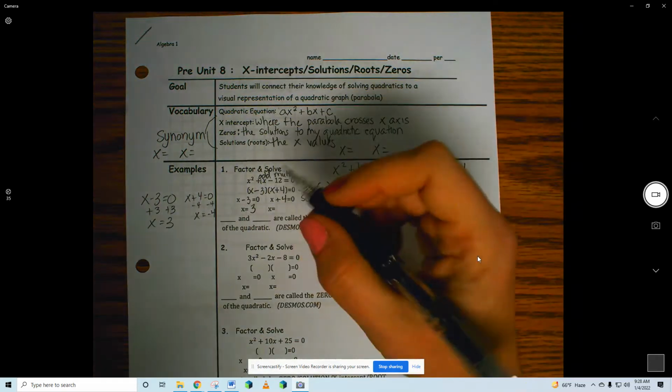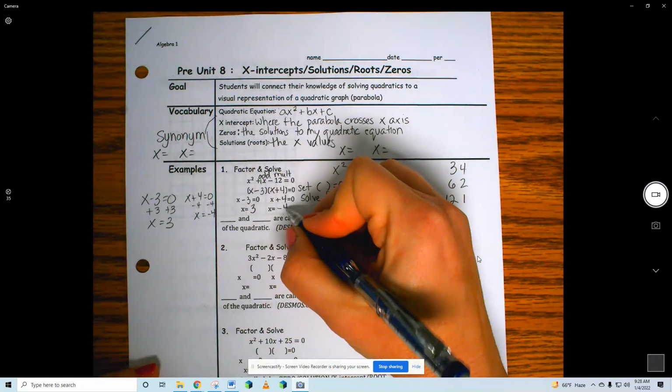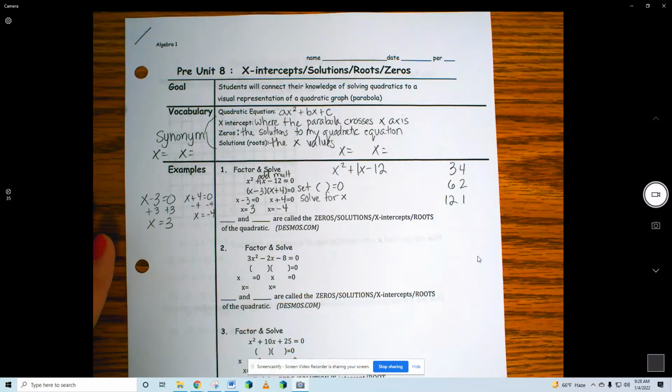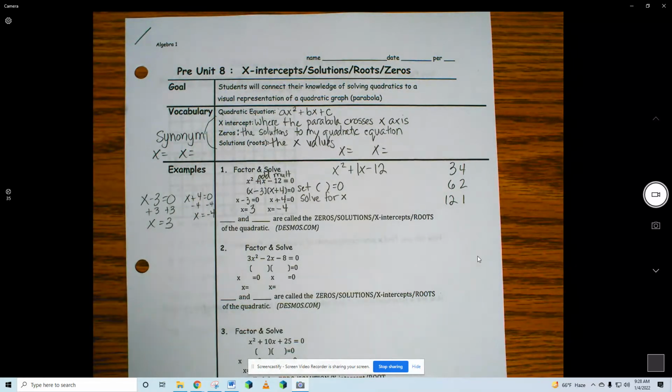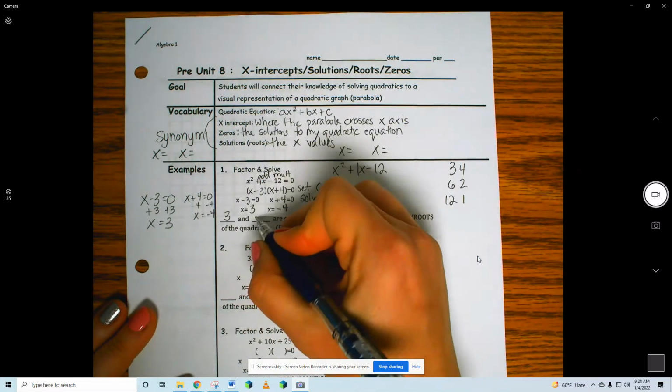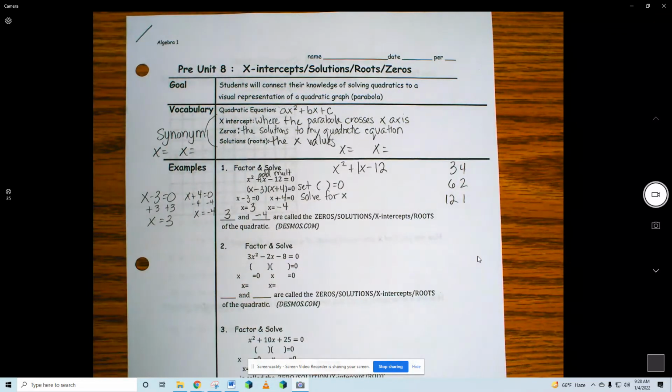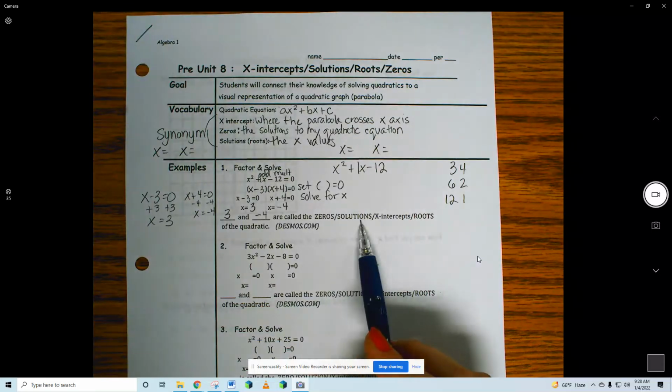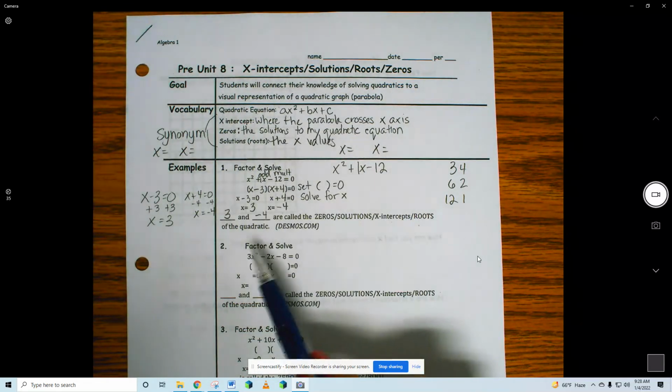So, negative 4. So I'm going to write that 3 and negative 4 are called the zeros, solutions, x-intercepts, roots of a quadratic.